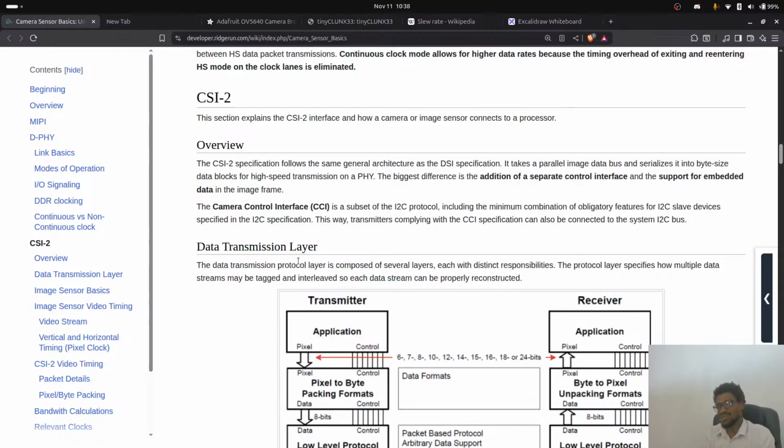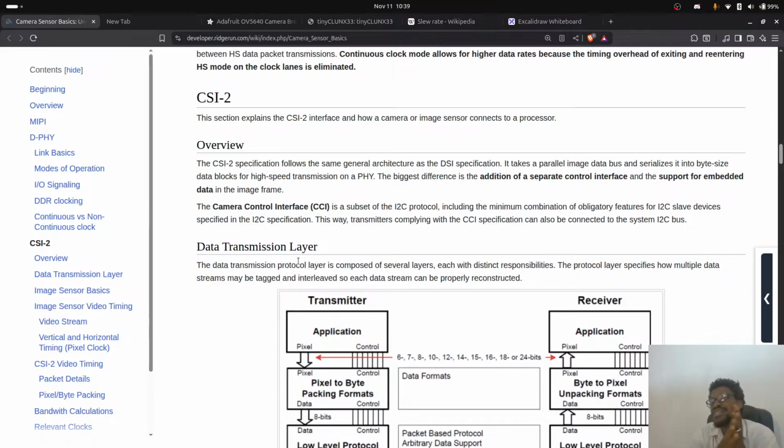And then it also supports embedding some sort of data inside the image frame. So we can embed the type of image, the pixel type, the pixel counts, the binning mode. It depends. And if you work at a low enough layer, you can basically choose what data you want to embed into this device. And then there's something called the camera control interface.